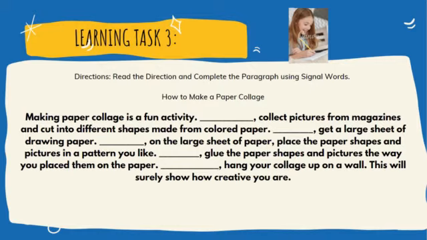Glue the paper shapes and pictures the way you place them on the paper, blank. Hang your collage up on your wall or on a wall. This will surely show how creative you are. 20 seconds to answer.